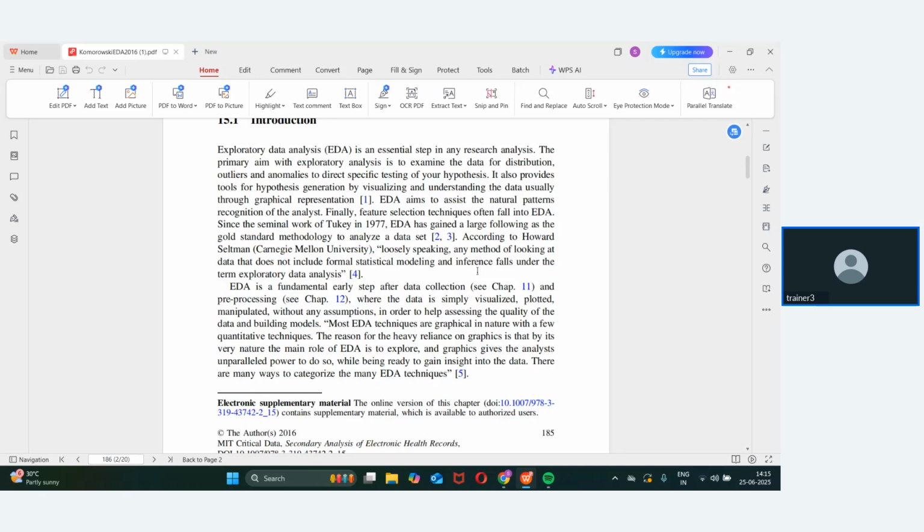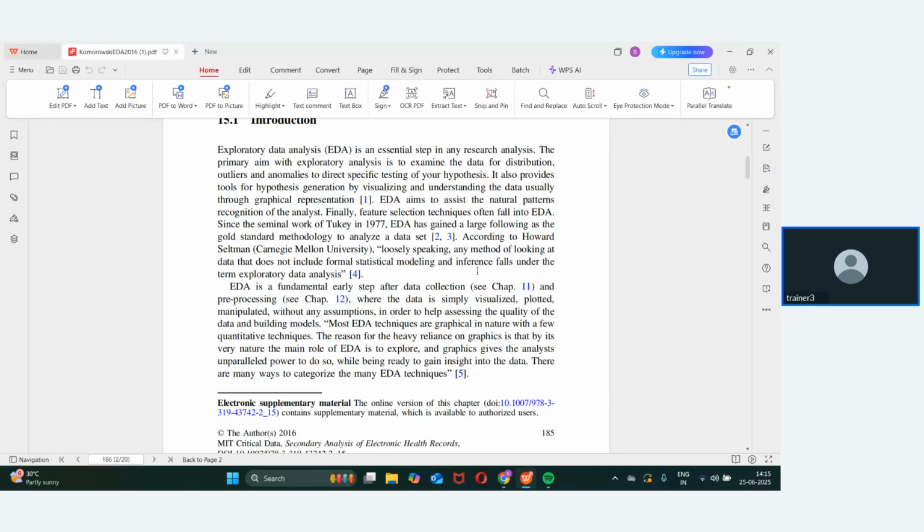It also provides us various tools with the help of visualization. Under visualization, we also deal with graphical representation, right? The histogram, bar chart, pie chart, all of these are graphical representations. So it is also used for visualizing and understanding the data, usually through graphical representation.